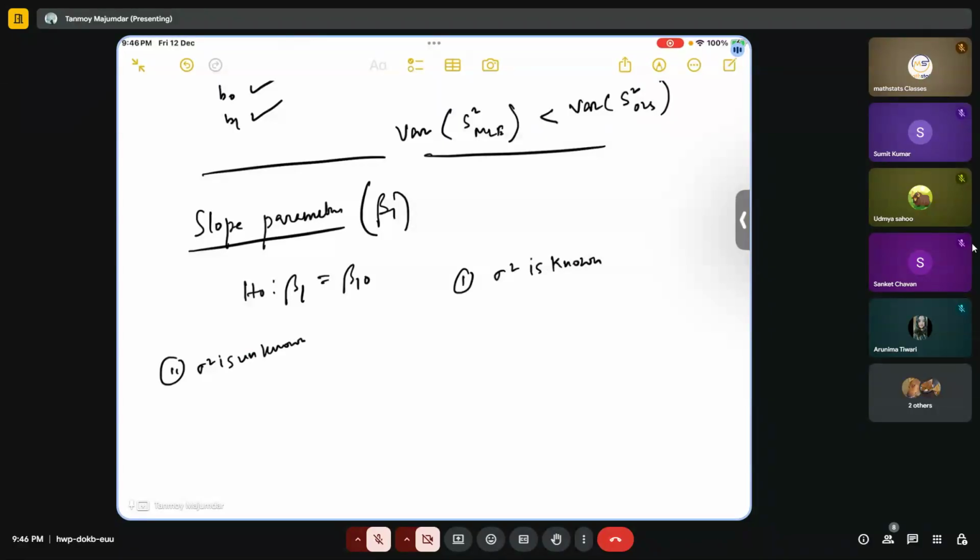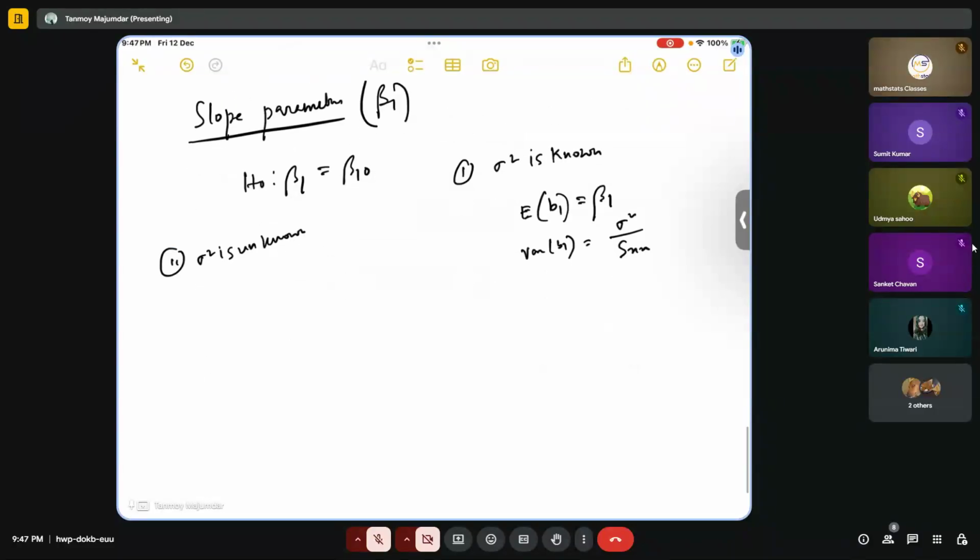When we use the expectation of b1, that is beta 1, and the variance of b1, that is sigma square by sxx, we have to keep in mind that if sigma square is known, our variance is sigma square by sxx, and if sigma square is unknown, our variance will change. So why is it important?